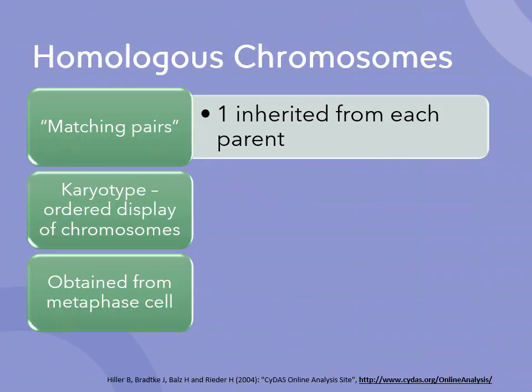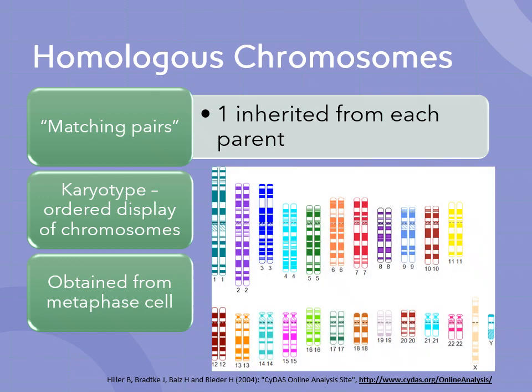And before we go into the details of meiosis, let's have a quick look at homologous chromosomes. When we say homologous, you can think of those as being like a matching pair, one of which was inherited from each parent. We can look at the chromosomes by producing a karyotype, an ordered display of all of the chromosomes from a single cell.